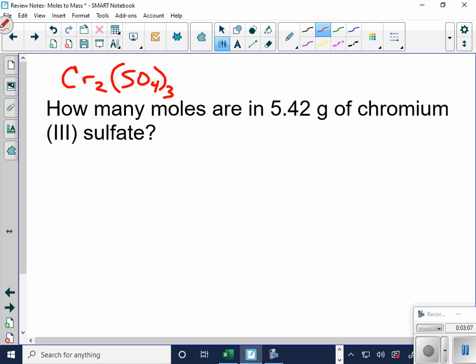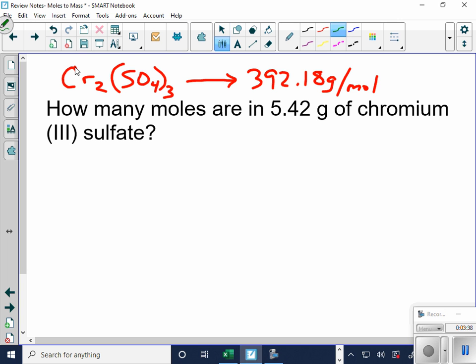Now, in order to save a little bit of time, I have already calculated the molar mass to be 392.18 grams per mole.